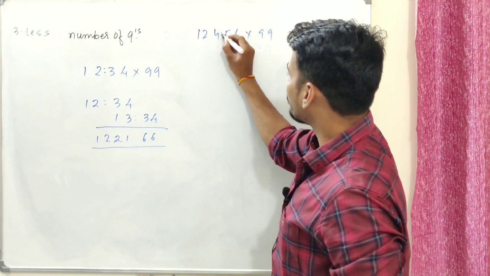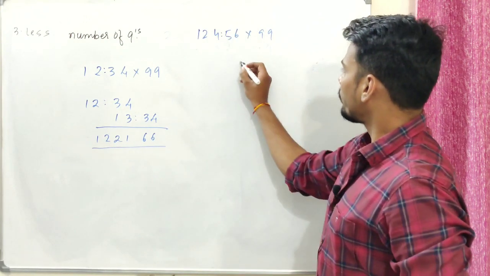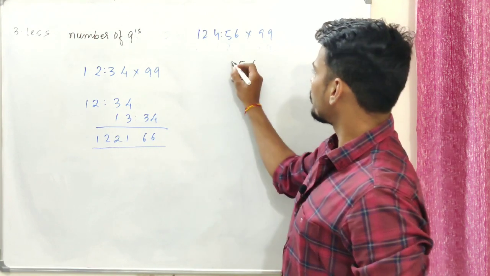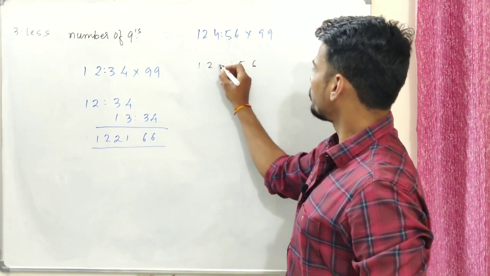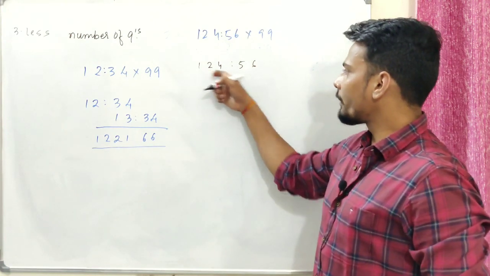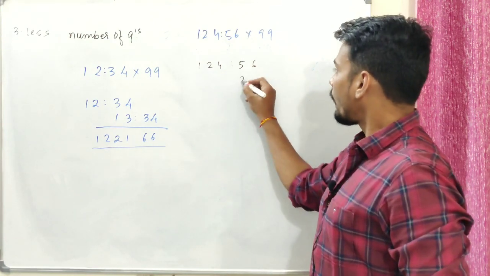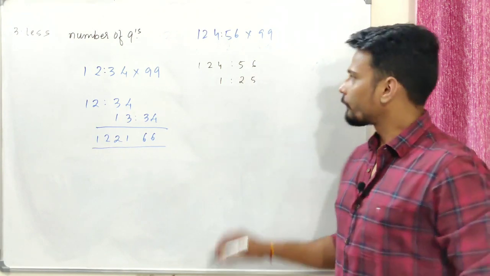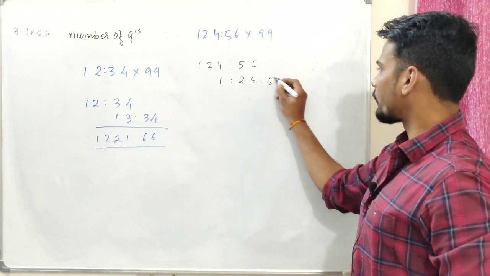I'll be having 56, and of course 124. I'm going to add 1 to this, so 24 plus 1 is 25. I would just type 25 here, and this one will come here, and of course 56 will be written over here.